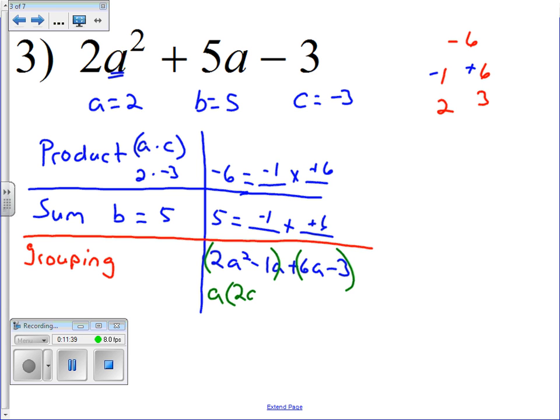I'm left with 2a minus 1. And then for 6a minus 3, I can factor out a positive 3. I could do a negative 3, but that would not help me keep the negative 1 in 2a minus 1. So I am going to factor out a positive 3. And I'm going to get 2a minus 1, which is what I wanted. And then I'm going to write this as a plus 3 and 2a minus 1.